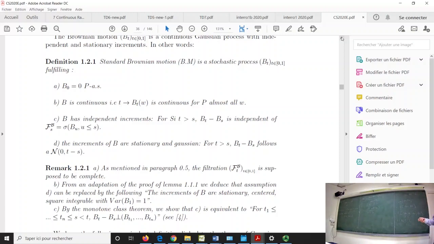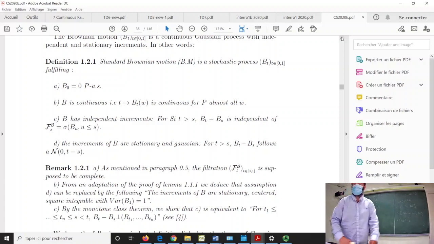So go back to chapter 0 to see that I have already dealt with this kind of mapping, in order to prove that this mapping is positive in the sense of a mapping depending on two variables. So I have to prove this. And after, in order to build the Brownian motion, we are going to prove that there exists a Gaussian process fulfilling all these properties.